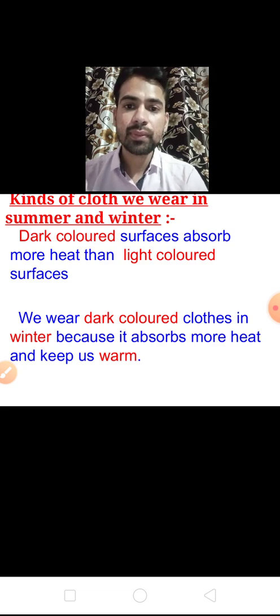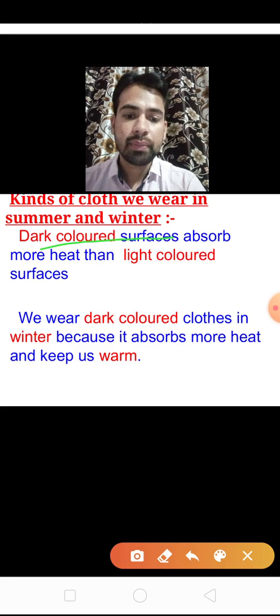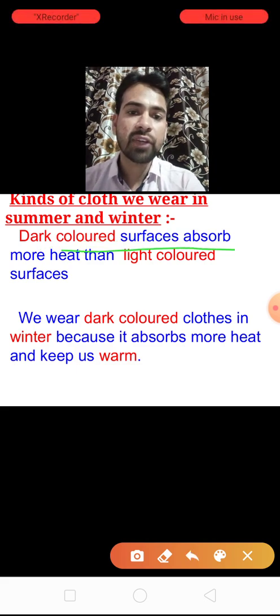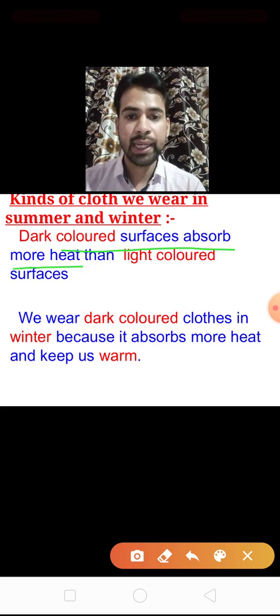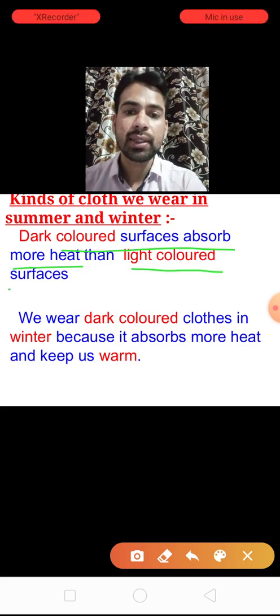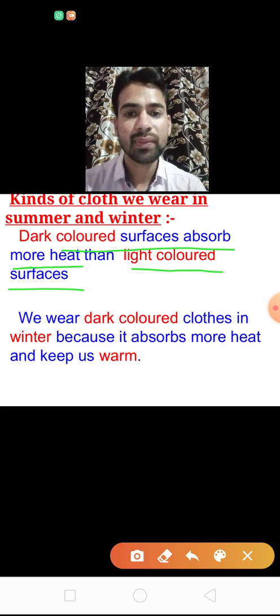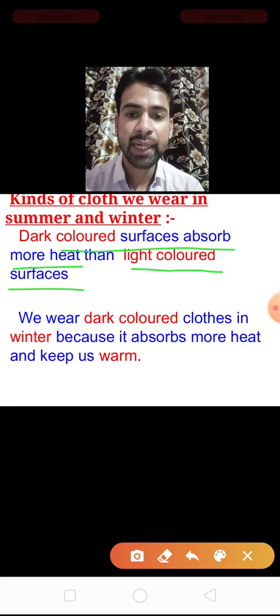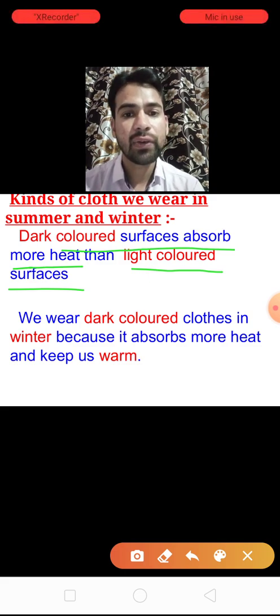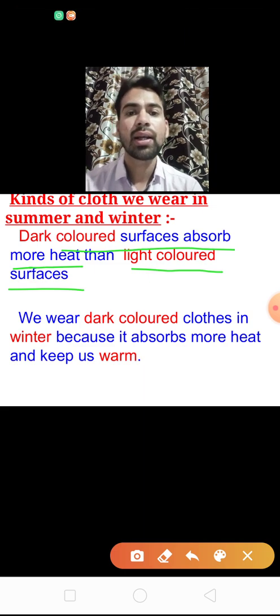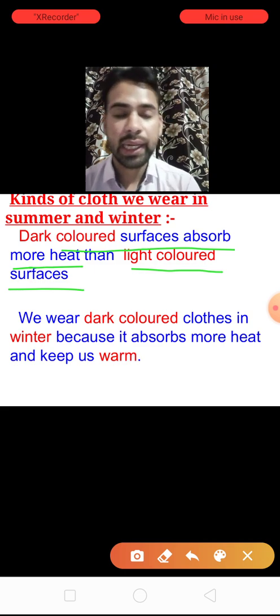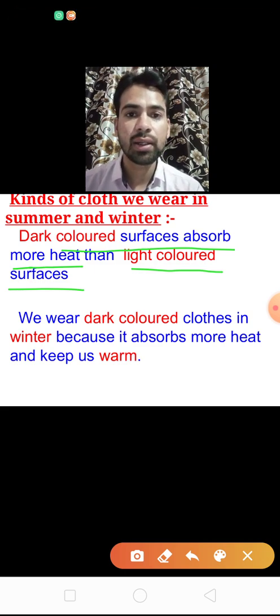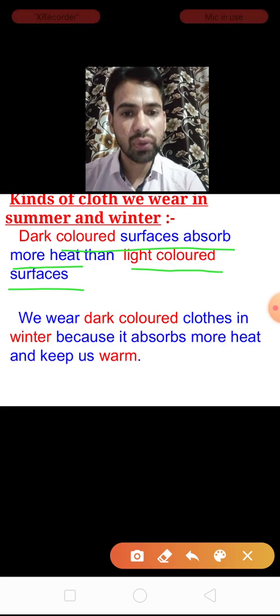Because a dark colored surface absorbs more heat than a light colored surface. So that is one reason behind that. That is why we wear light color clothes in summer, and in winter we wear dark color clothes.